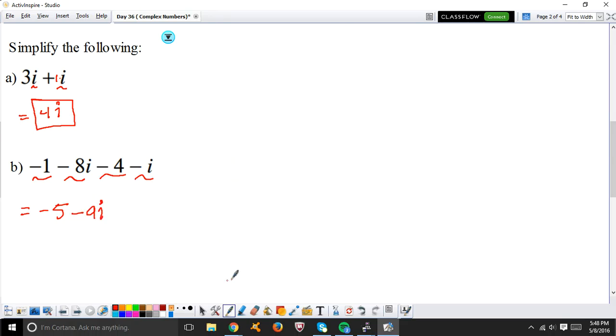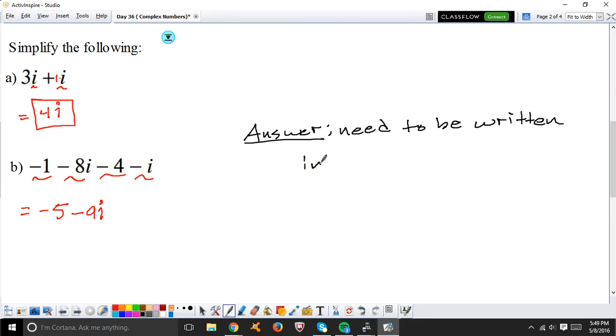Now, one thing that I forgot to mention is that your answers need to be written in a plus bi notation.